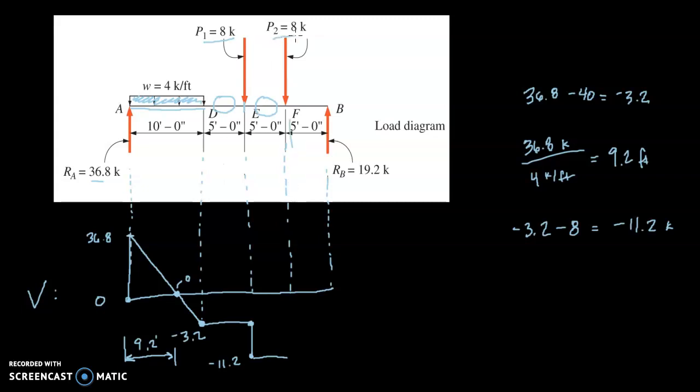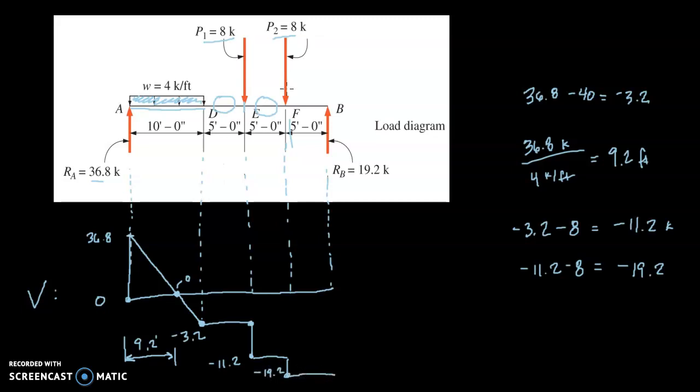at which I encounter another negative 8 kip load. So that will take me down even farther. I was at negative 11.2. I go 8 kips further down, and now I'm at negative 19.2 kips. Negative 19.2.